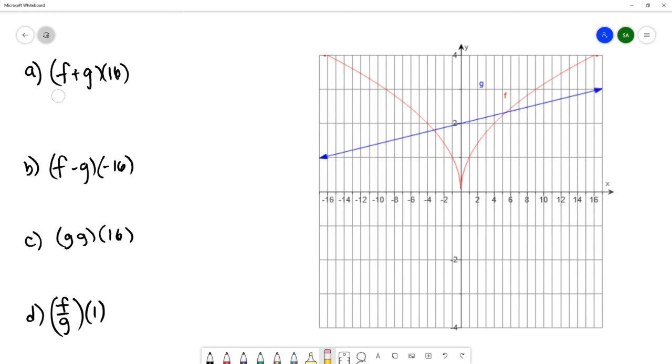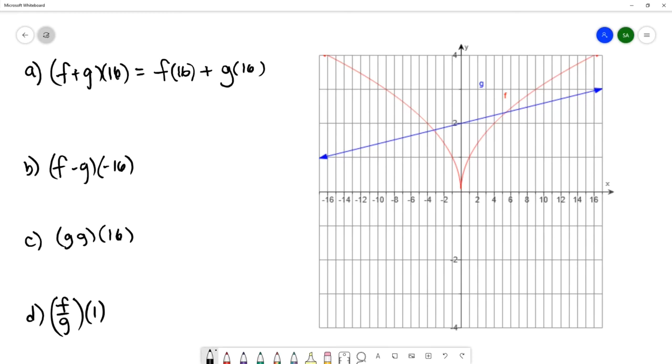We have f plus g of 16, and we're going to simplify this. What this notation wants us to do is to evaluate f at 16, evaluate g at 16, and then add the results together.